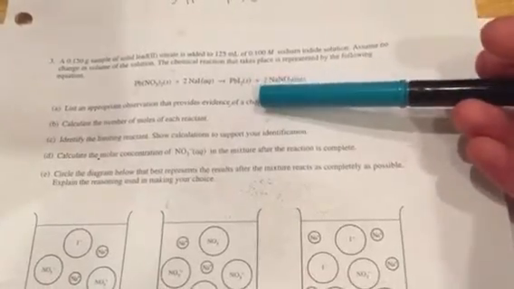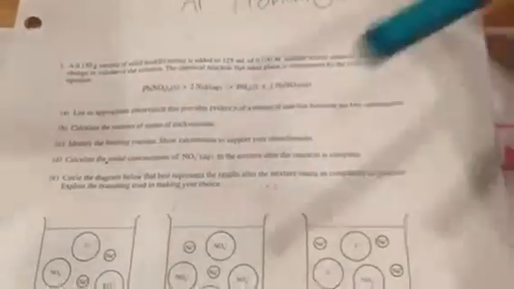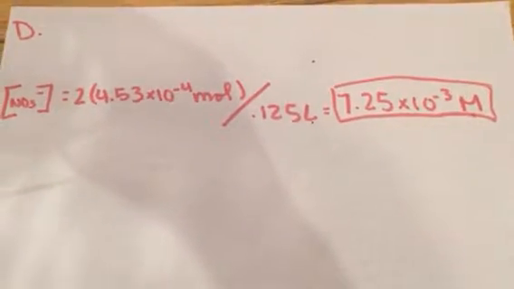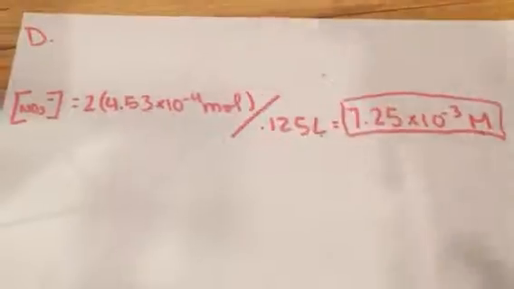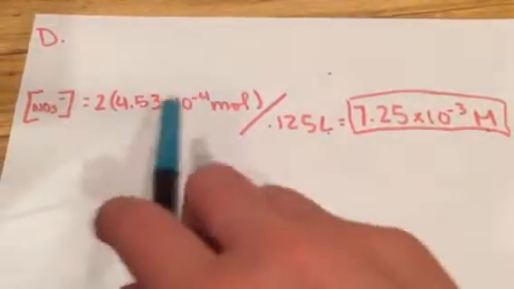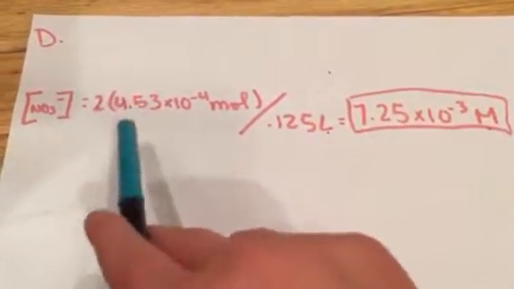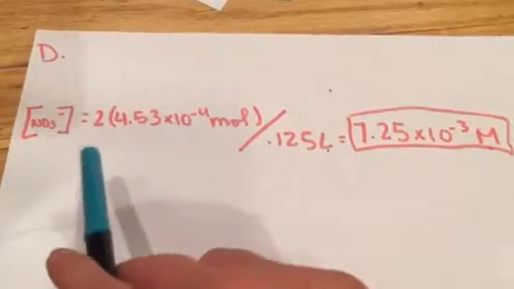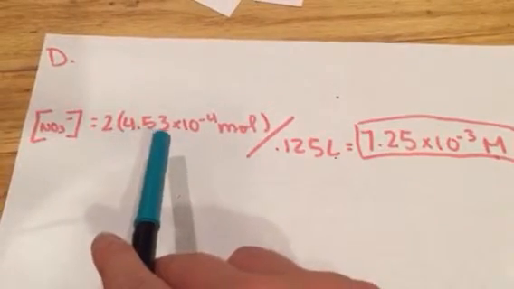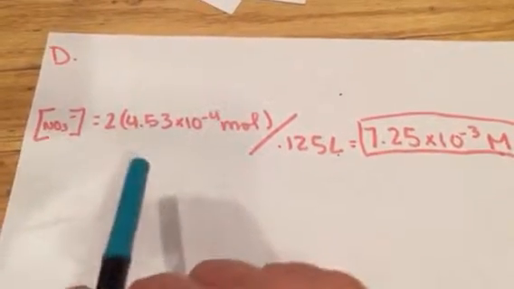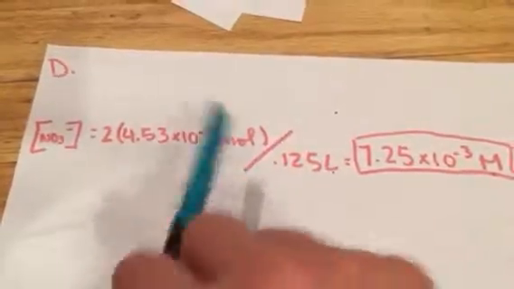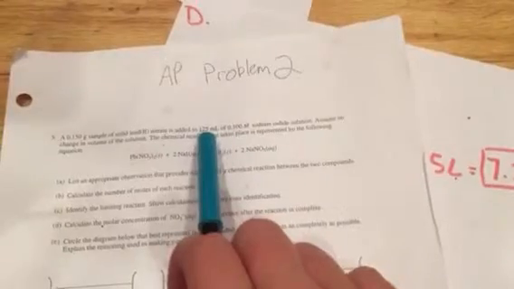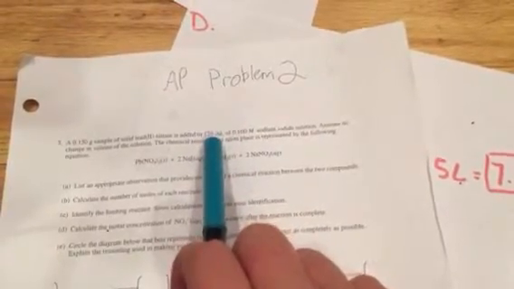There is a coefficient of 2 in front, which when we find the concentration, which is the same thing as molarity, we're going to do moles over liters, and we have to multiply it by 2, because like I said, there was a coefficient of 2 in front of the NaNO3. So we're going to do 2 times 4.53 times 10 to the negative 4 moles, which we found in part B, and we're going to divide it by the milliliters that it gives us in the equation.